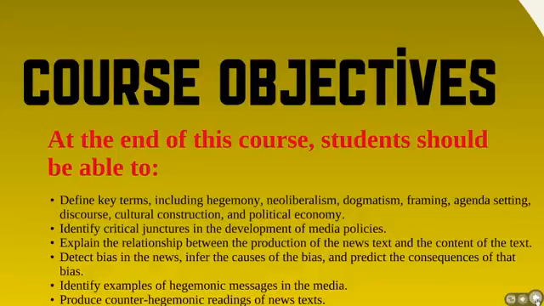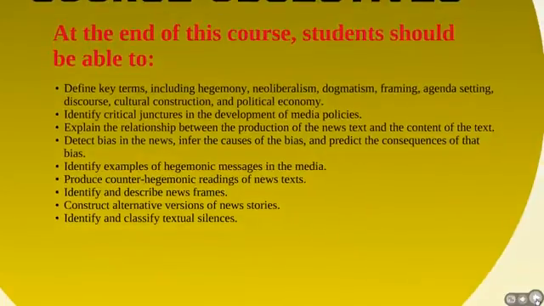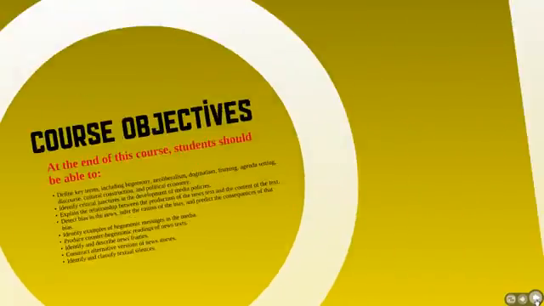You should be able to identify examples of hegemonic messages in the media, and produce counter-hegemonic readings of news text. You should be able to identify and describe news frames, construct alternative versions of news stories, and finally, identify and classify textual silences.